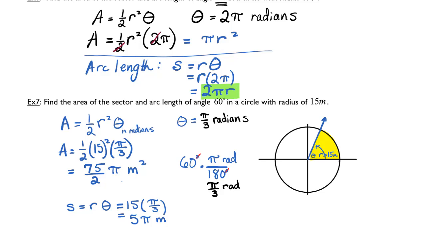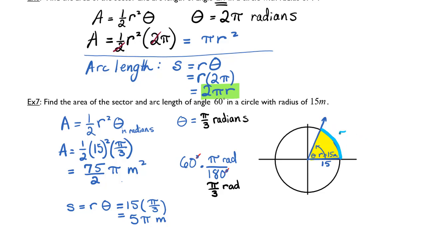So if you think of the angle as pi over 3 and the radius as 15 meters, then thinking of this distance here, 60 degrees, I should be able to calculate approximately, just by looking at this, that distance.